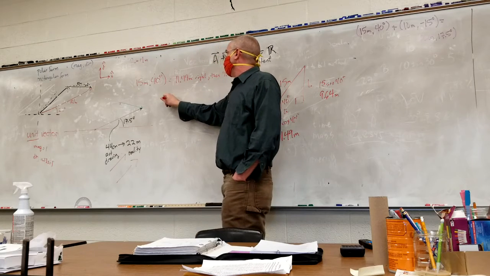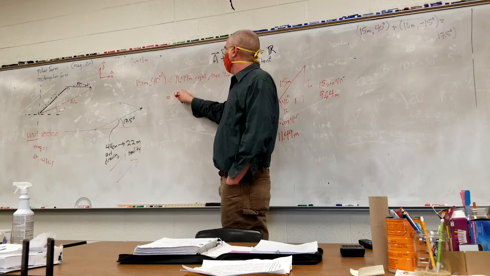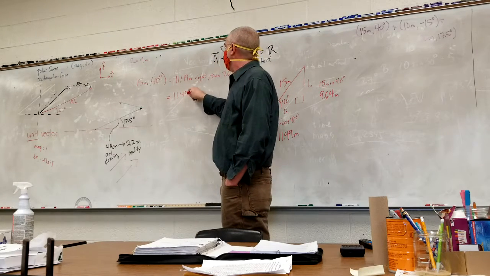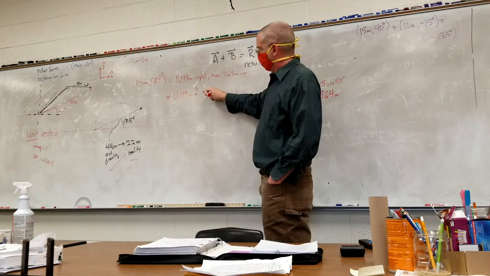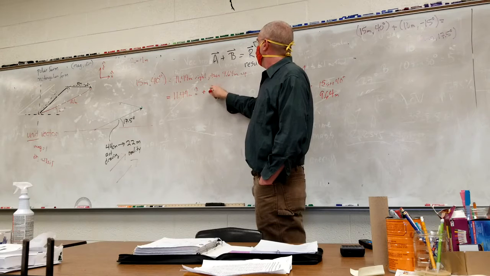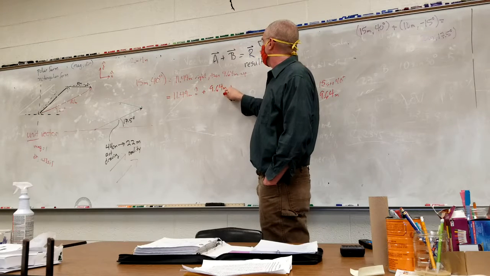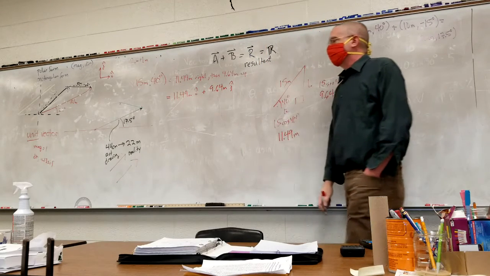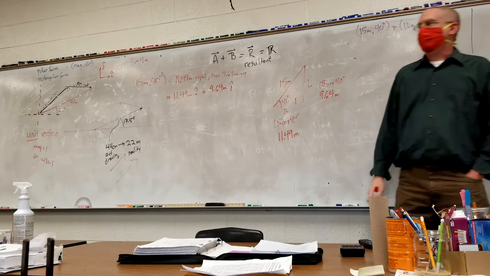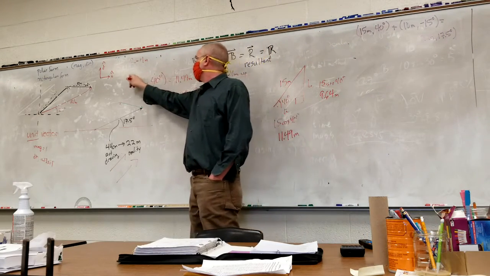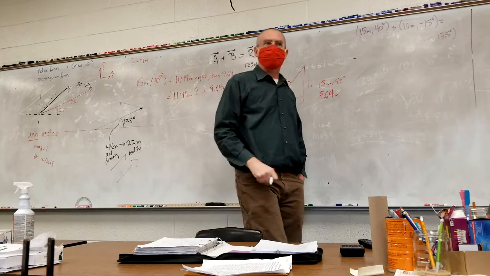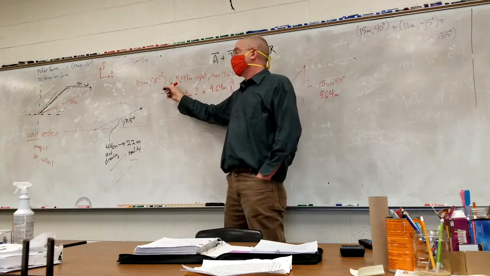So now I can write this as 11.49 meters i hat plus 9.64 meters j hat. I am contending that this is exactly the same as this. They are equal to each other, thus I wrote an equal sign there.